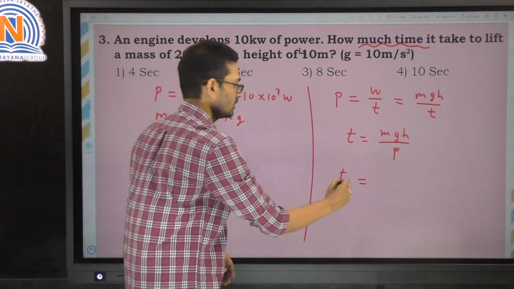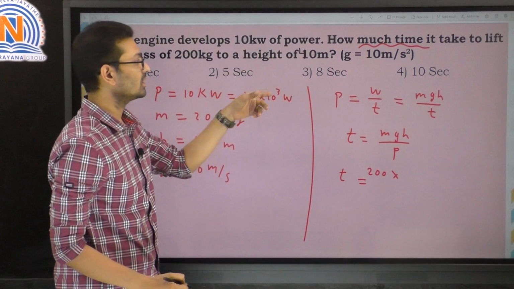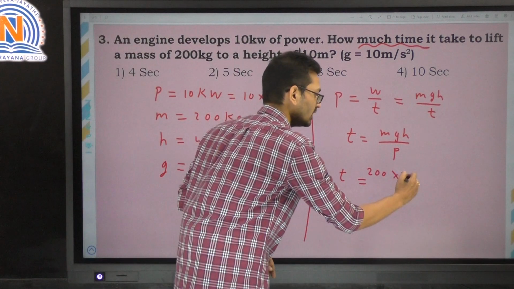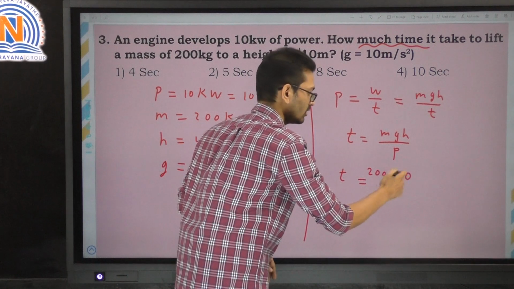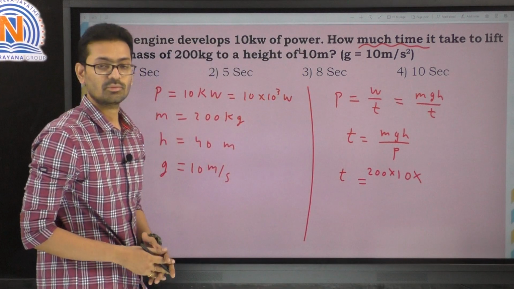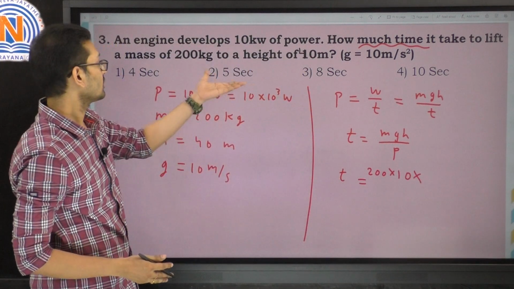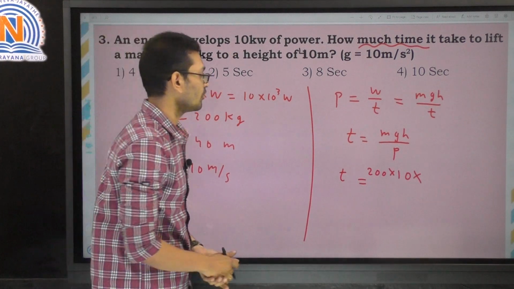I want t. My m over here is 200 kg. 200 kg into my gravity, acceleration due to gravity, I have to take 10, not 9.8. Kids, not 9.8, it is 10, into my height. The height of the engine which it is helping it to rise is 40 meters.